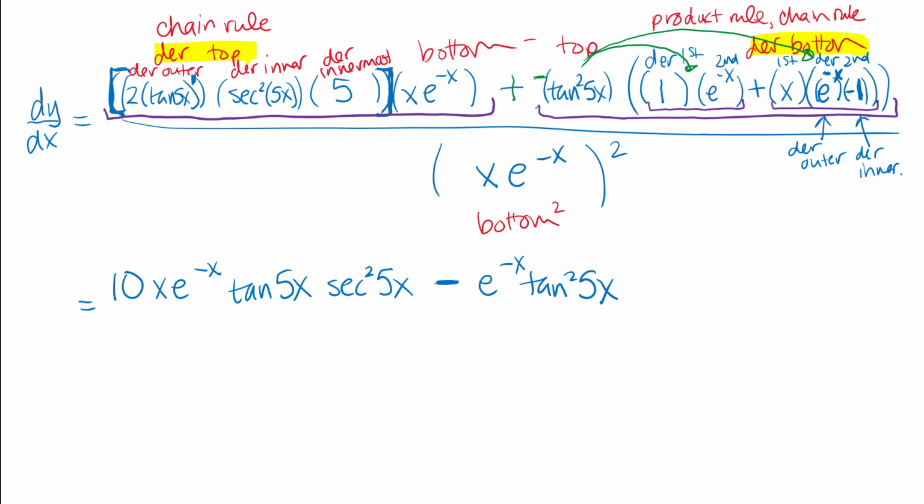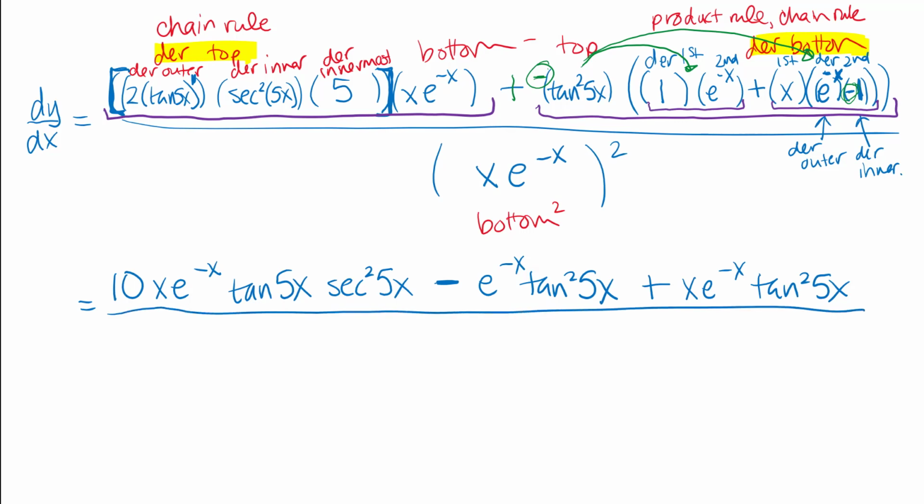And since I'm distributing through a negative, and I'll be taking that times a term that involves a negative, I'll have a negative times a negative, which will just be a plus. And then the coefficient will just be 1, x e to the negative x tangent squared 5x. Okay, so that's the whole numerator. That was the hard part. The denominator here, I just have one term squared.